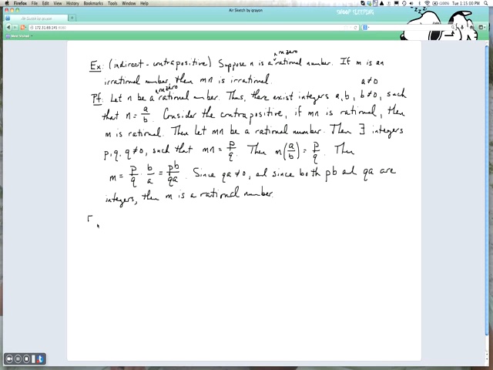So maybe we do another example. This time we'll do the same statement, but with proof by contradiction. Okay?